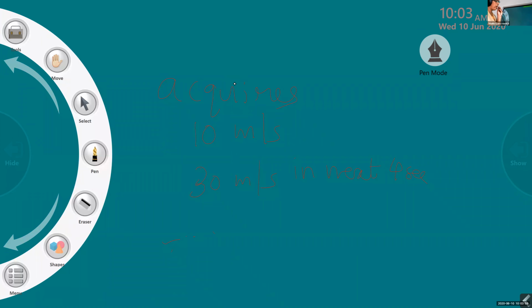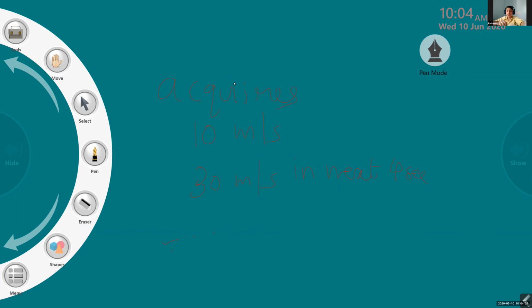Okay, children. So, which is our initial velocity? The car travels with 10 meter per second. Eva, unmute and give me the answer. You are not unmuting. Not listening.